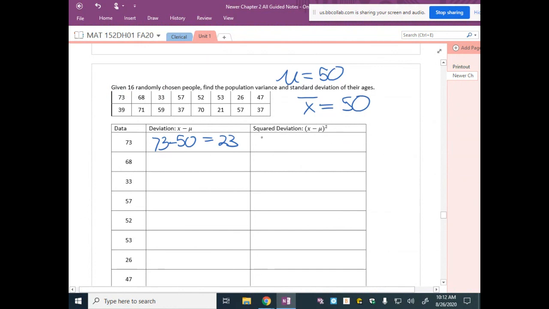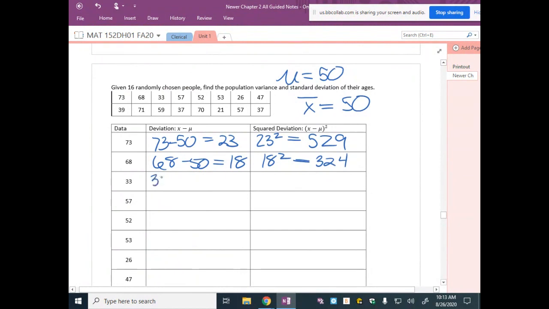50. Now, 23 squared is 529. So you have 68 minus 50, which is 18. 18 squared is going to be 324.